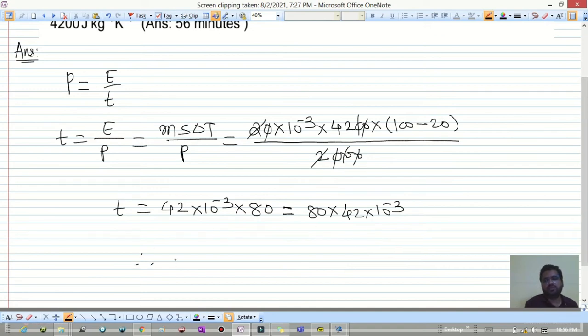So therefore time t is equal to 8 2s are 16, then 3 7 36, so 3360 into 10 to the power minus 3.